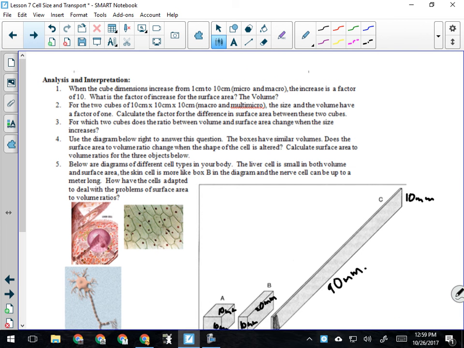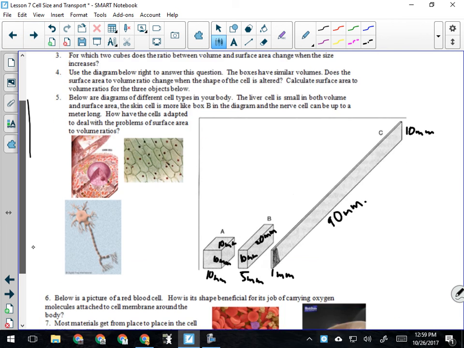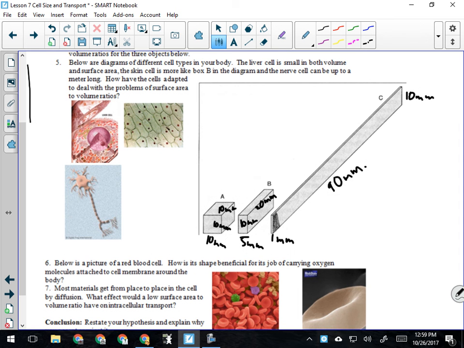All right, number 4 is asking about these shapes here. Okay, so for these shapes, you need to calculate the surface area to volume ratio for each shape. Now, for the first shape, that's easy because it's just a cube. But after that, they're not cubes. All right, so how do I calculate the surface area of a shape like this? I got to add up all the sides.